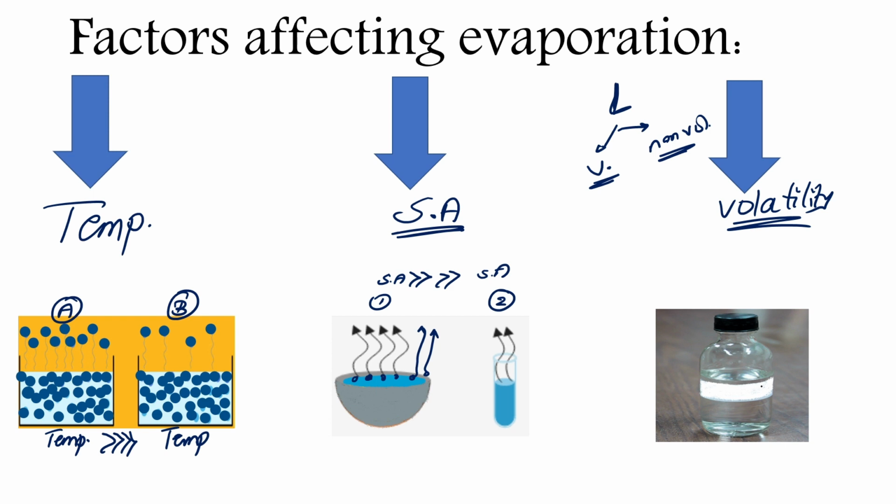If we look at this picture, this is a picture of a bottle of alcohol. If the bottle of alcohol is left open at room temperature, the alcohol will evaporate and it turns from the liquid state to the gaseous state. So the volatile liquids evaporate faster than the non-volatile liquids.